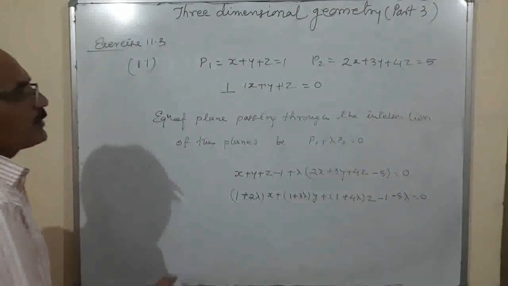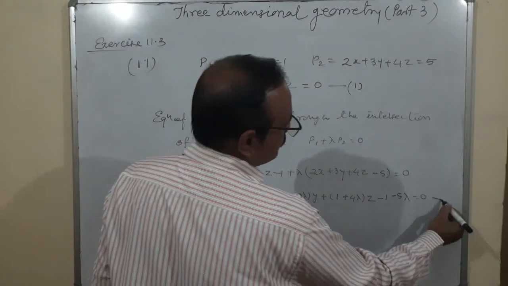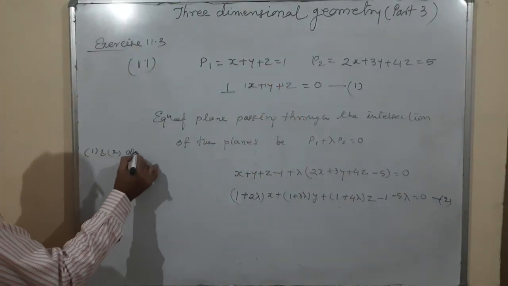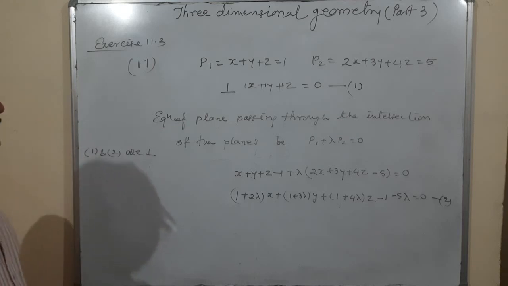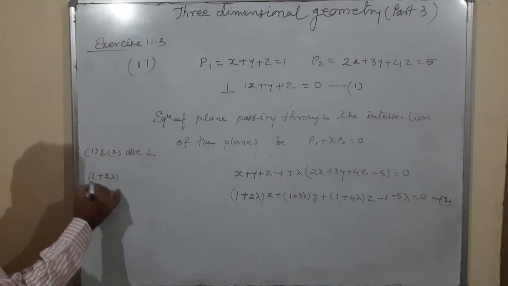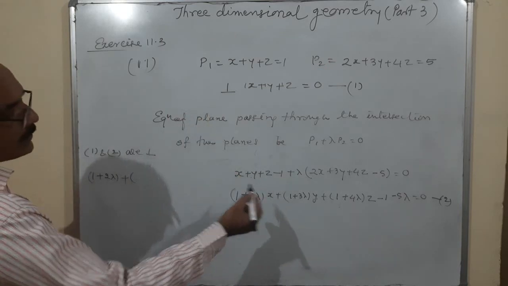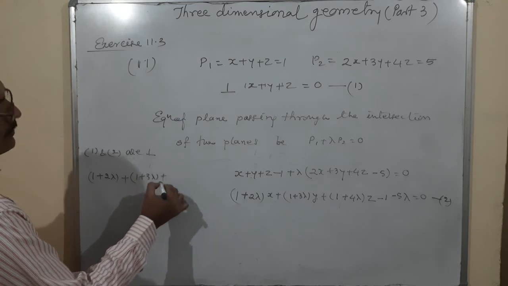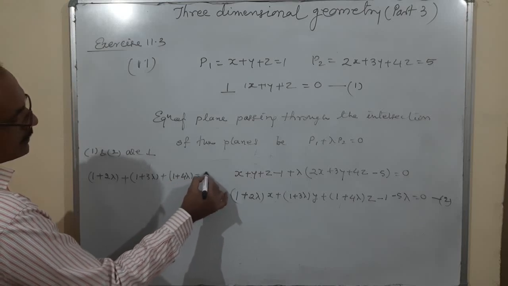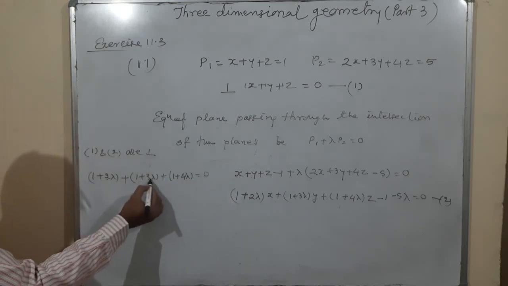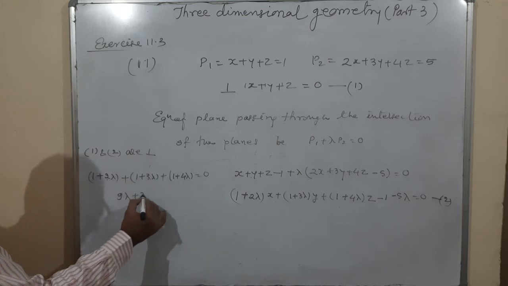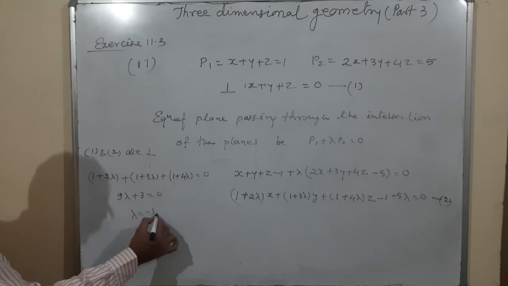Since they are perpendicular, the dot product: 1 into (1 plus 2 lambda) plus 1 into (1 plus 3 lambda) plus 1 into (1 plus 4 lambda) is equal to 0. So 2 lambda plus 3 lambda plus 4 lambda is 9 lambda, and 1 plus 1 plus 1 is 3, so 9 lambda plus 3 is equal to 0. So lambda is equal to minus 1 by 3.